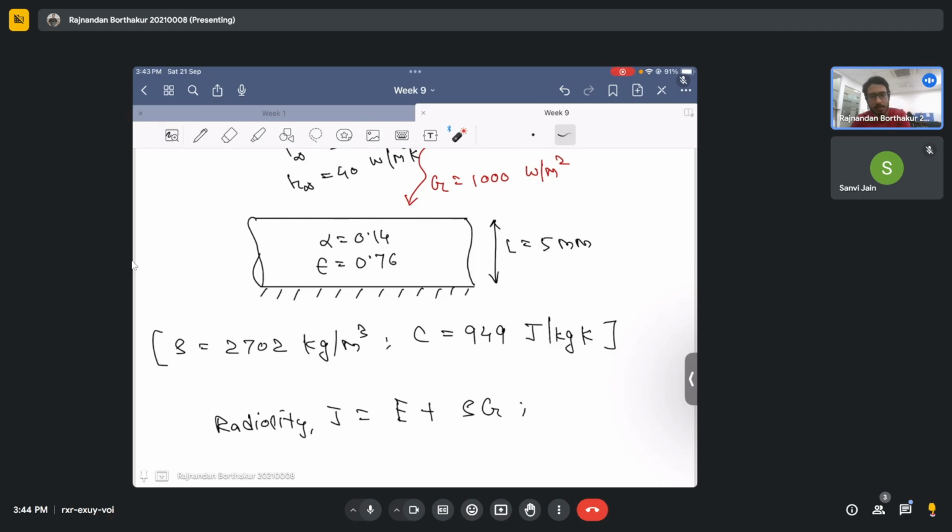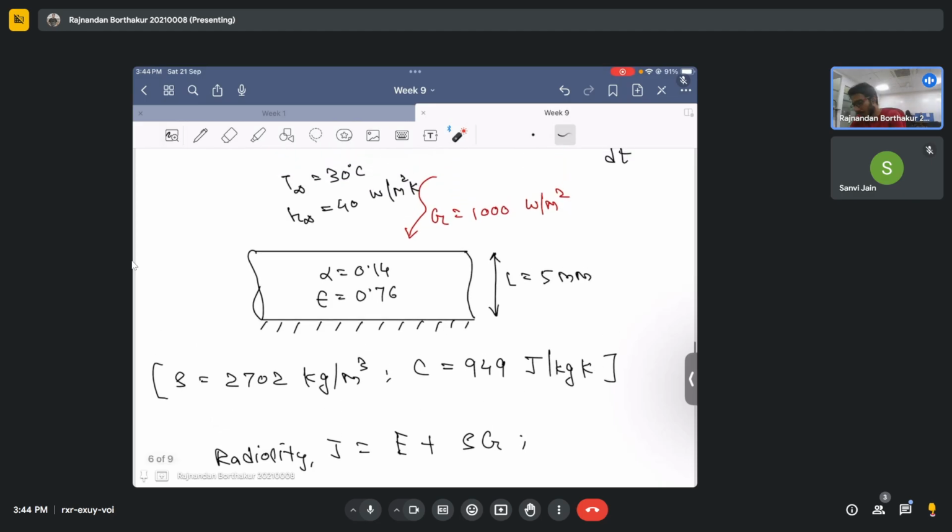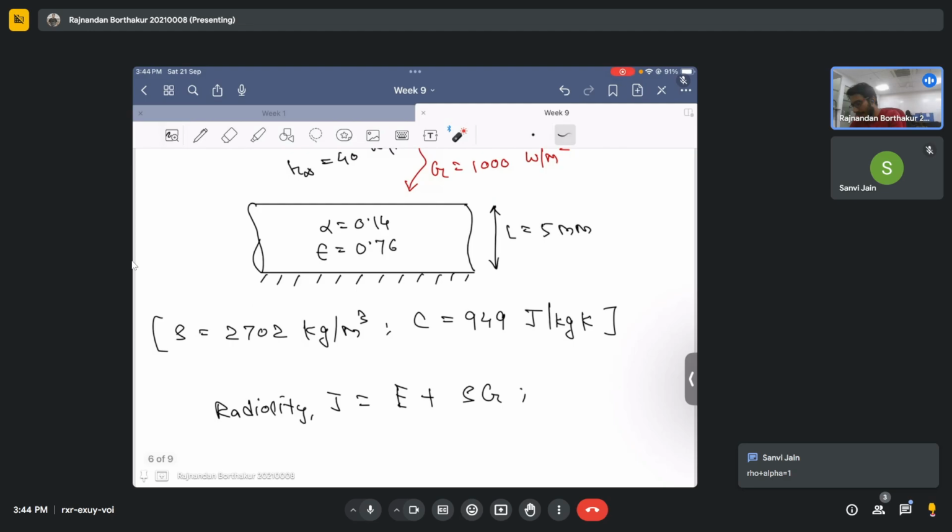Yes, any ideas? So it's a simple question because we have this alpha, which is absorptivity. Yes, exactly. Rho plus alpha equal to 1, provided your transmittivity is equal to 0.